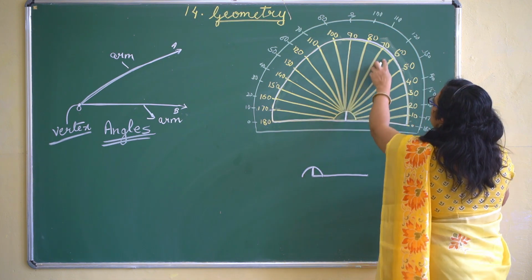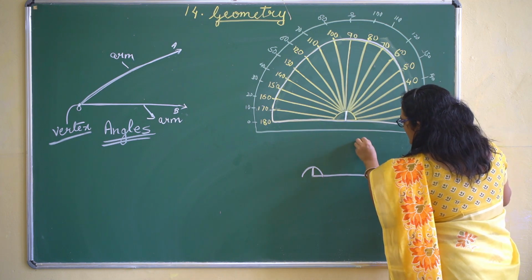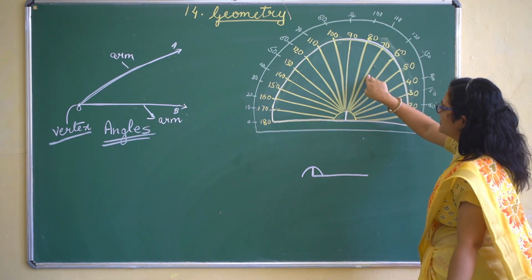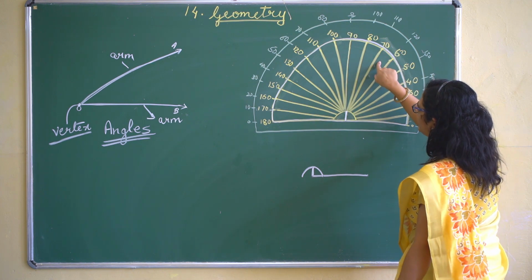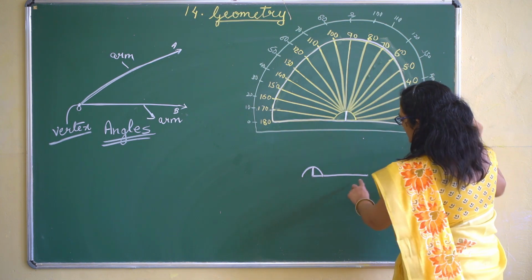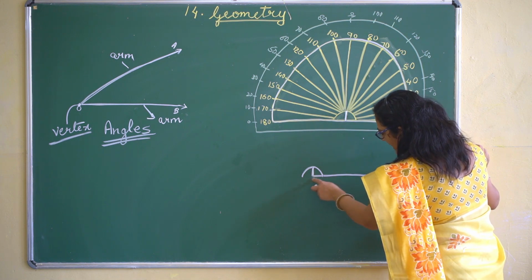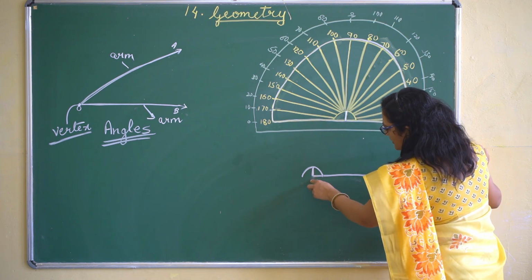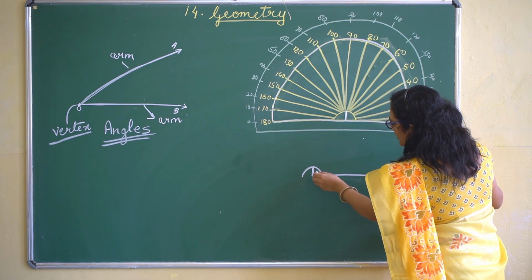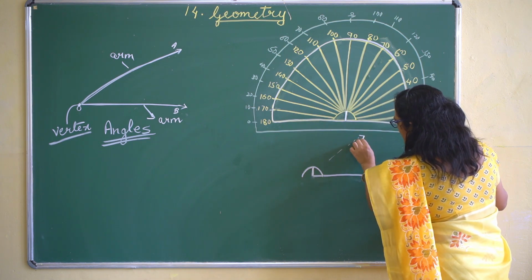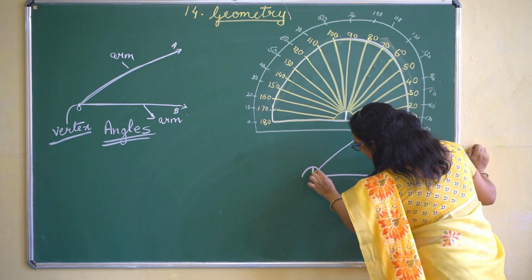Then you take the inside reading, and you can measure 70 degrees and draw the angle.